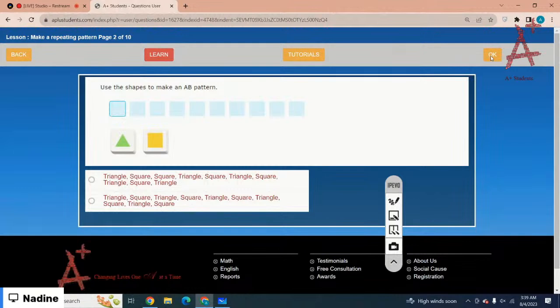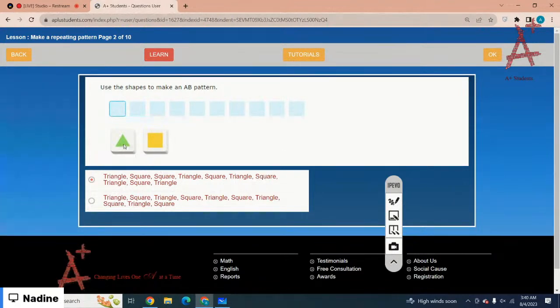Use the shapes to make an AB pattern. So which is the correct option? Yes, it is triangle, square, right?